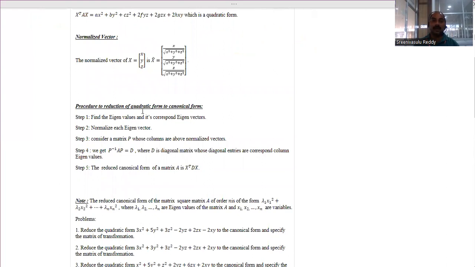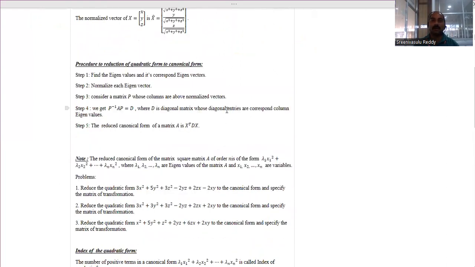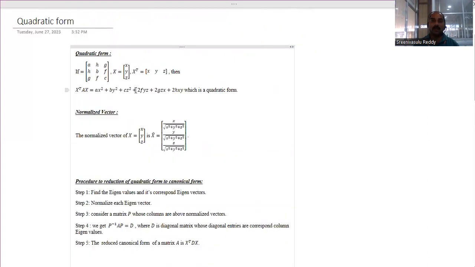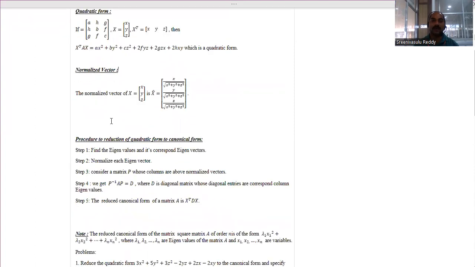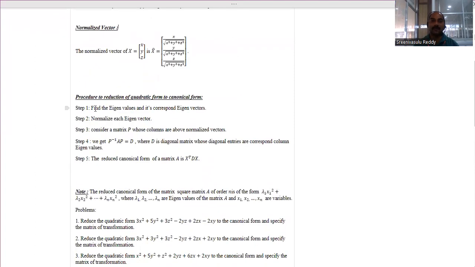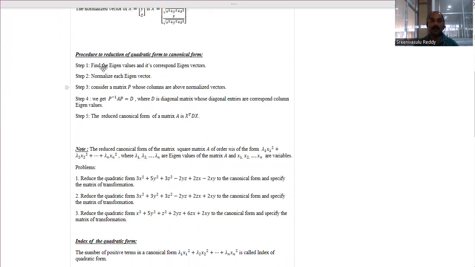Proceed to reduction of quadratic form to canonical form. Canonical form means removing these cross terms, so that only ax square plus by square plus cz square remain. This form is called canonical form. The first step in reducing a quadratic form into canonical form is to find the eigenvalues and their corresponding eigenvectors.